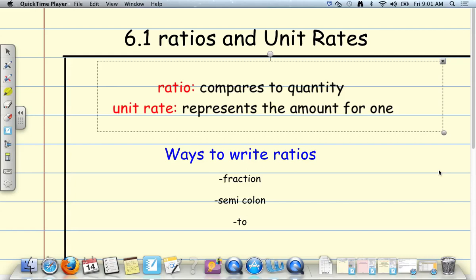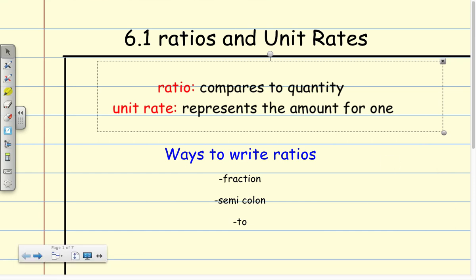Two quantities can consist of two opposite things, like boys to girls, apples to oranges, cars to teenagers, things like that. A unit rate represents an amount for one.